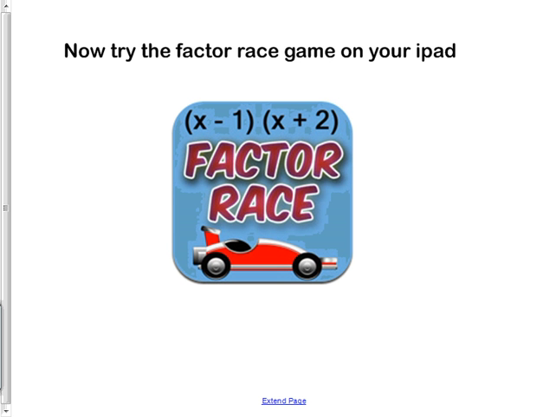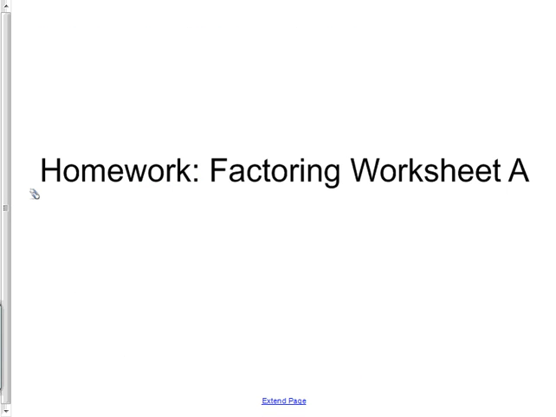So your assignment, we may do this factor race game at some future date, but your assignment is right there, factoring worksheet A, and I'm going to allow you to skip some of the problems because I know you're already good at them, and I don't need you to do tons of practice on things you're already pretty good at. So I'll tell you which ones you can skip.